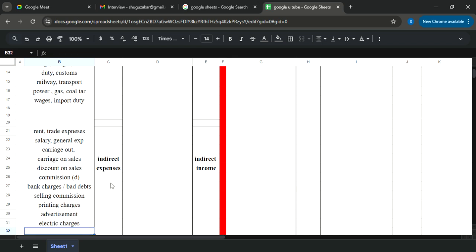For the time being, you are responsible just to write down these expenses.